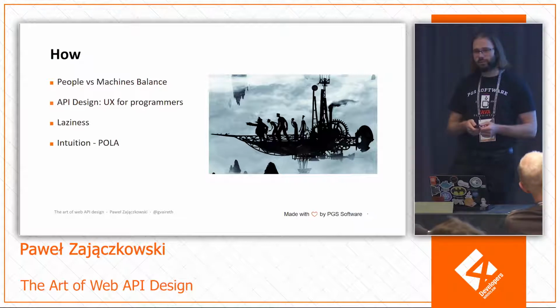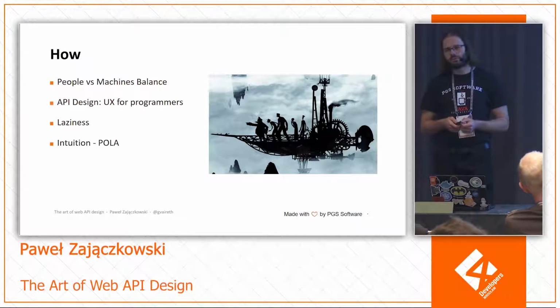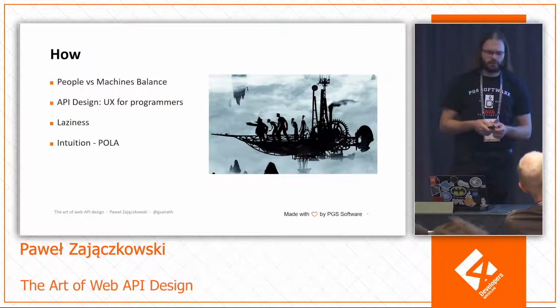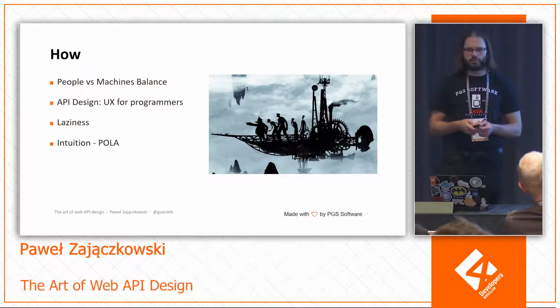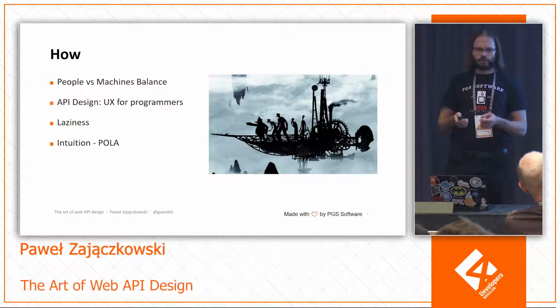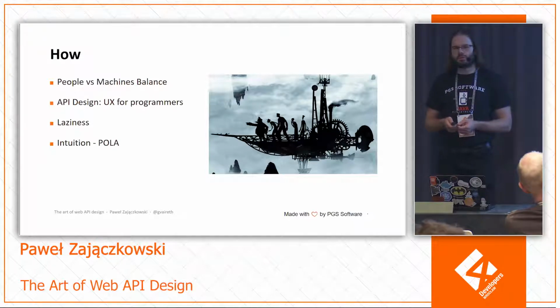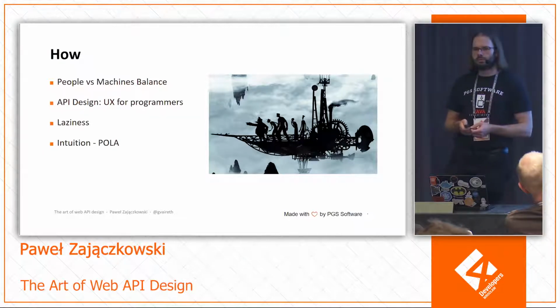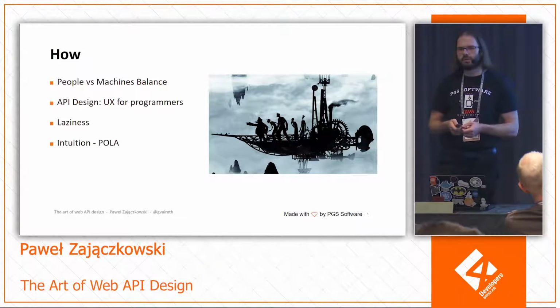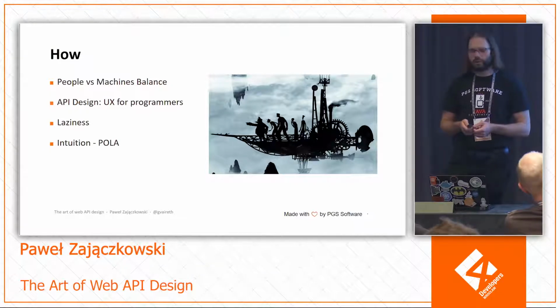They are lazy and they have intuition. They are lazy, so they want to do things as easily as possible without much effort, without much thinking. And they have intuition, so they have some kind of experience, or expectations based on experience, on how things should look and what standards things should conform to. And if an API conforms to some standards and looks as expected, it's easier to work with in general.